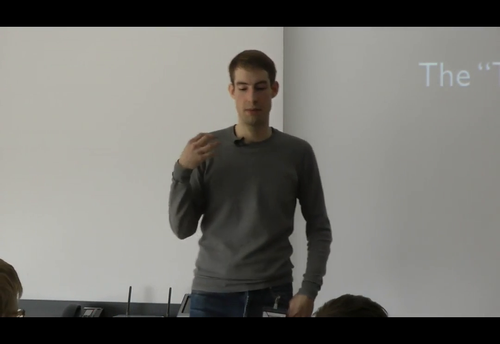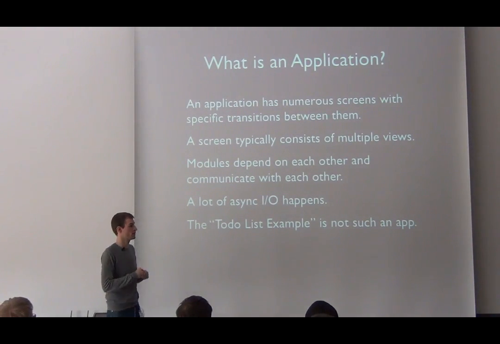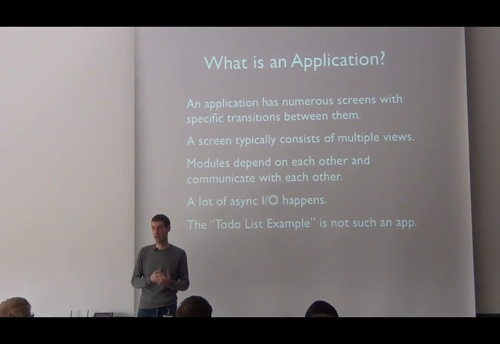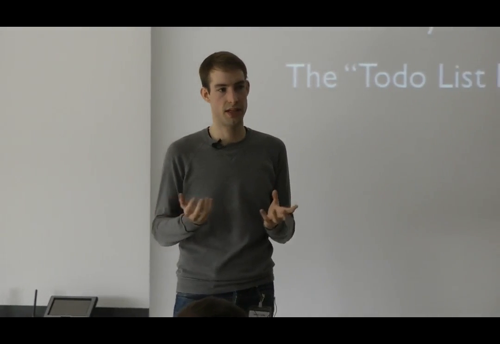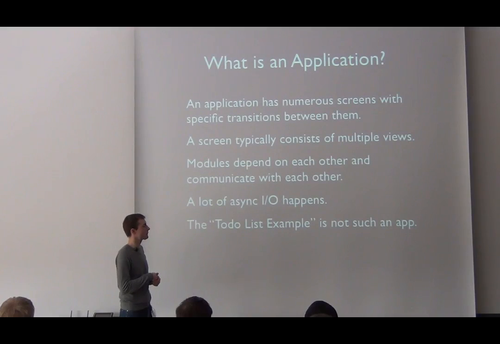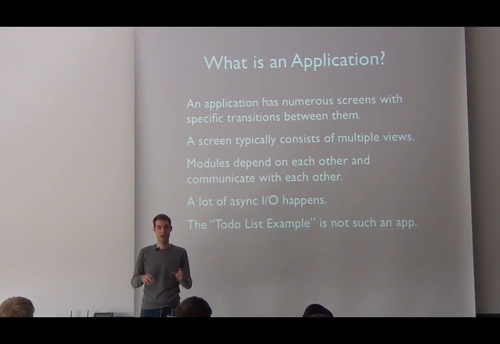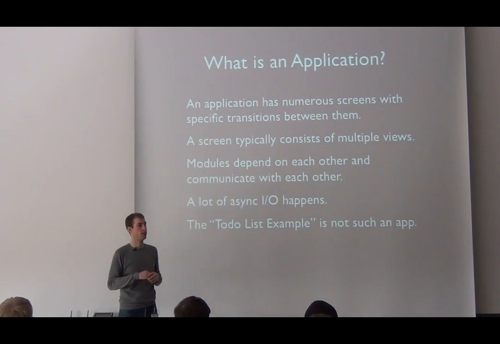Most of the time an application has numerous screens, so I don't have one screen, but I have several screens, several views, and there might be a transition between them, either visually or semantically. Of course, a screen typically consists of multiple views. For example, I have different panes in a screen which interact with each other.